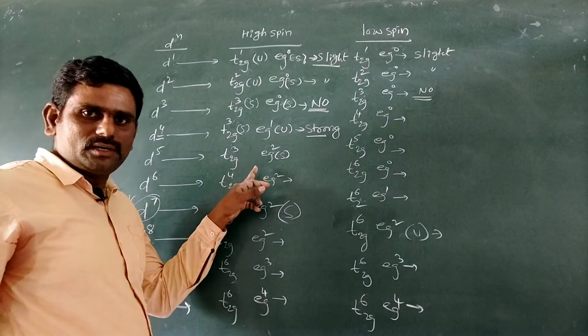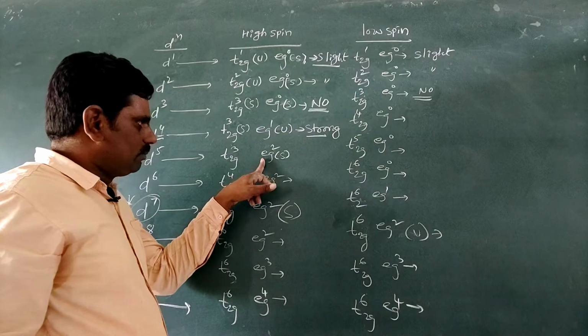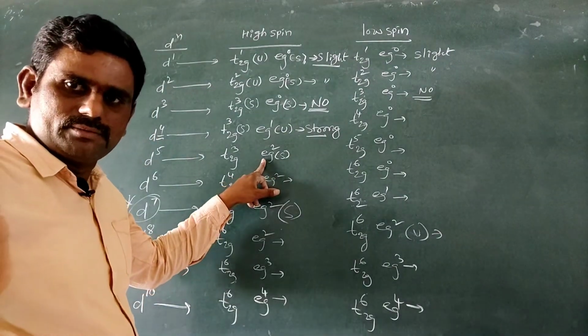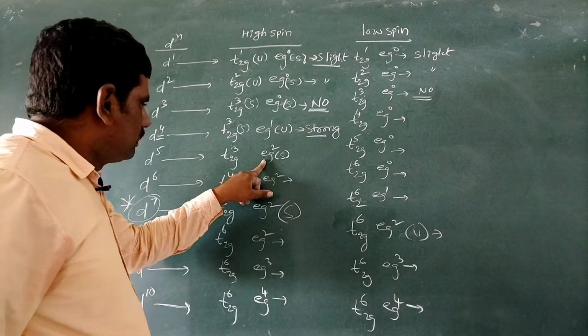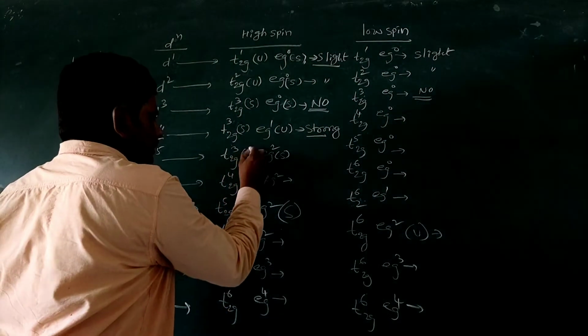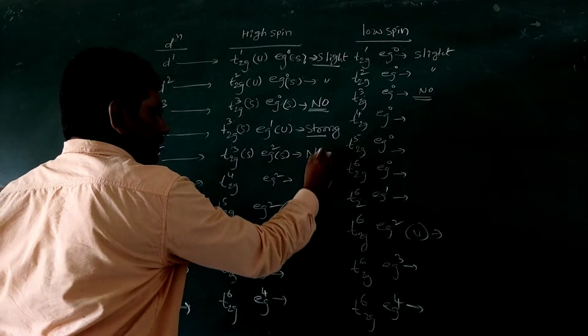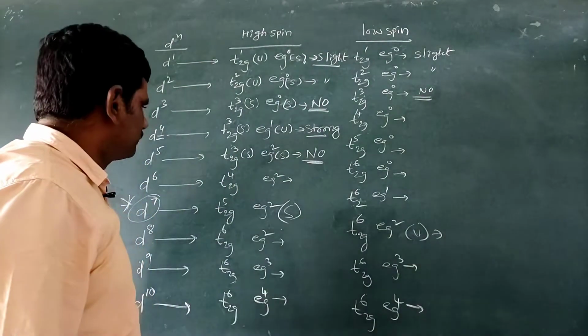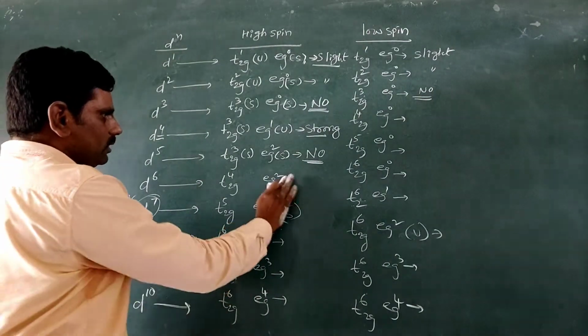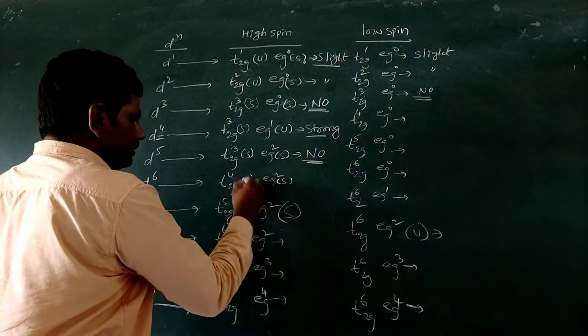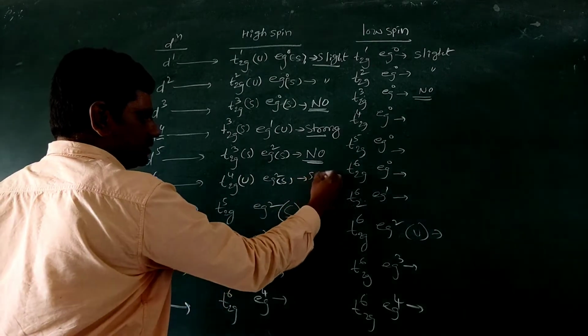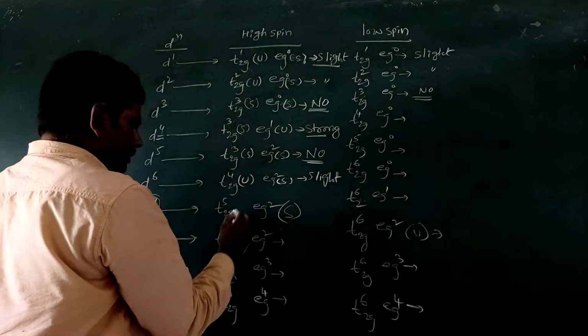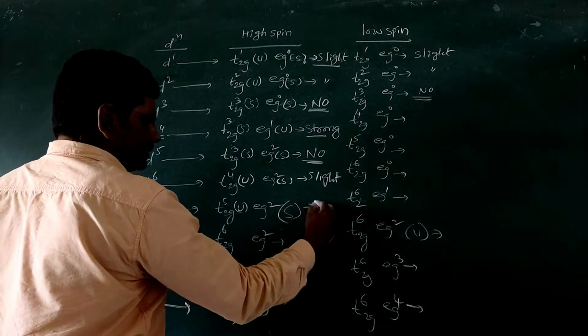So you have this point already in our condition. Here it is also symmetric, so there is no distortion. And now here unsymmetric, symmetric, slight distortion.